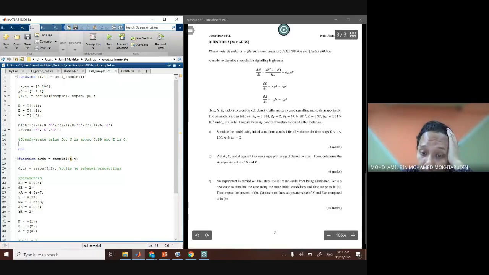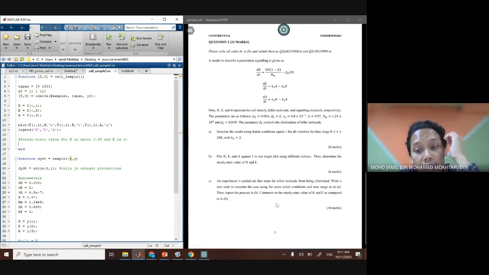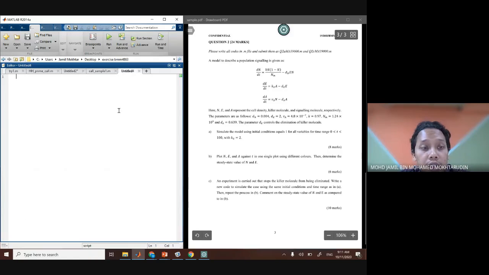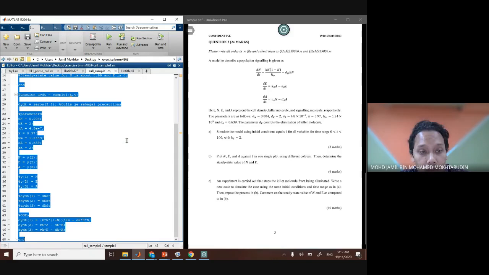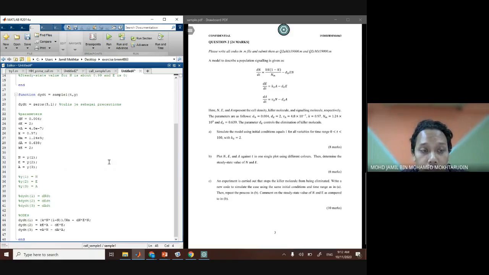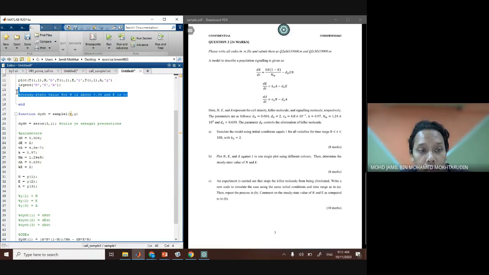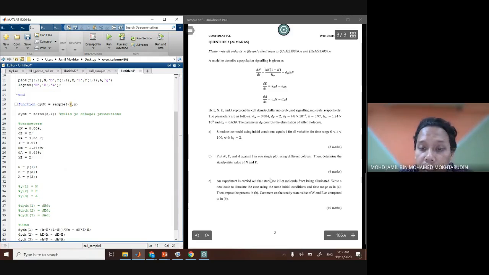Okay, write a new code to simulate the case using the same initial condition and time range, and then repeat the process in B. Comment on the steady state value N and E as compared to in B. Okay, so soalan ni basically dia nak suruh copy paste code tadi. And then kena adjust something dalam code supaya menggambarkan an experiment that stops the killer molecule from being eliminated.